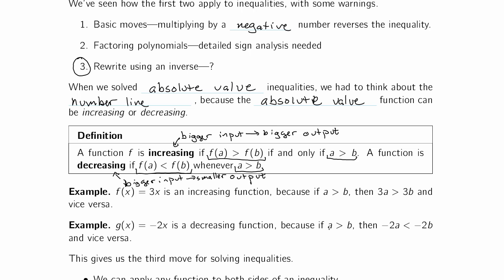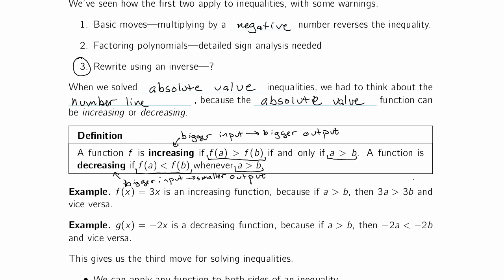If I take a bigger number and multiply it by -2, I get a bigger negative number, which is less. So if A is greater than B, -2A is less than -2B. So this function multiply by 3, that does not reverse the inequality, is an increasing function. This function multiply by -2, that does reverse the inequality, is a decreasing function.